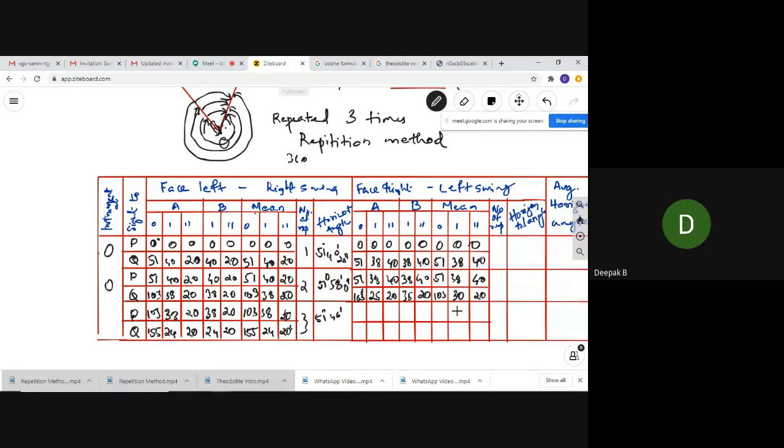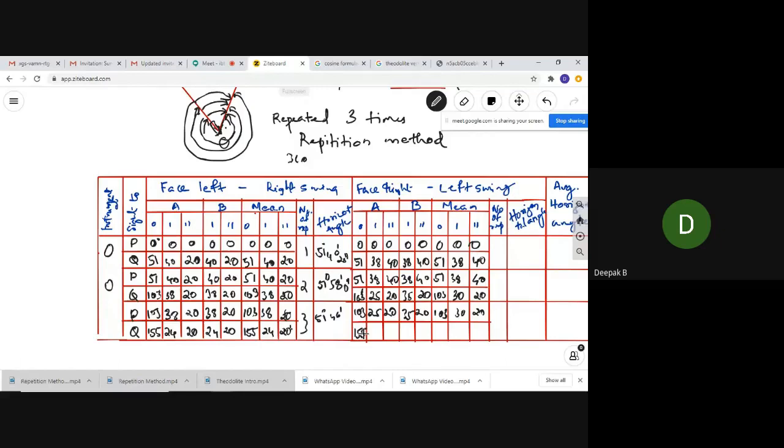Again, we are coming to P. It will have the same reading: 103, 20, 25, 20, 35, 20, 103, 30, 20.